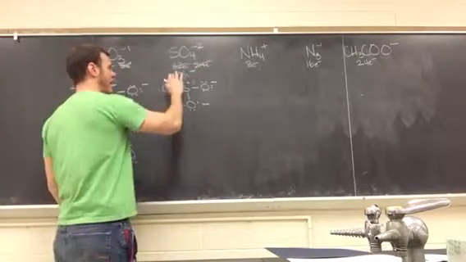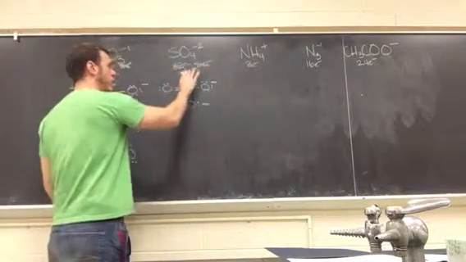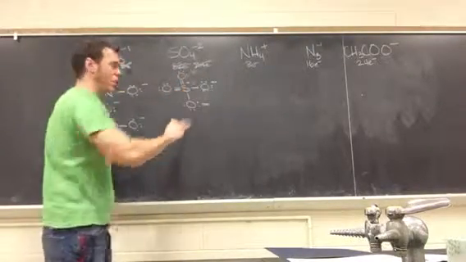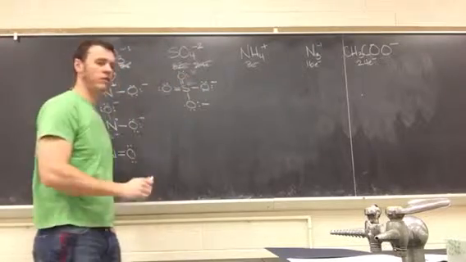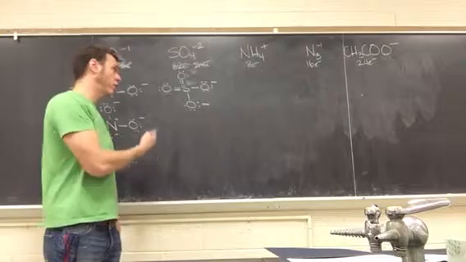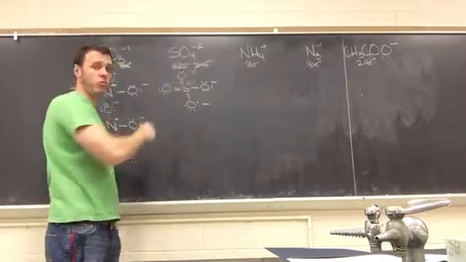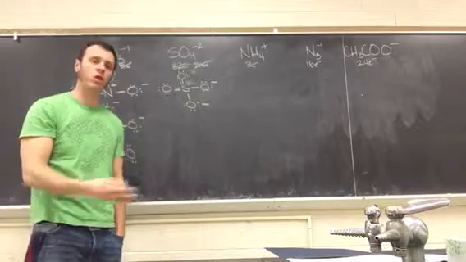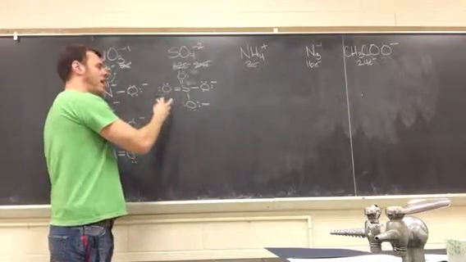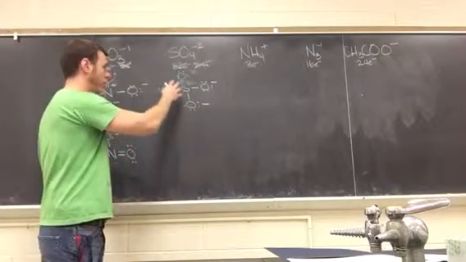If I then take this lone pair and form a double bond, the formal charge of oxygen is 0, and the formal charge of sulfur is 0. This is the accepted drawing for the sulfate ion. What we had before with a +2, -1, -1 is an acceptable version, but this is the accepted version. Little vocabulary thing there.